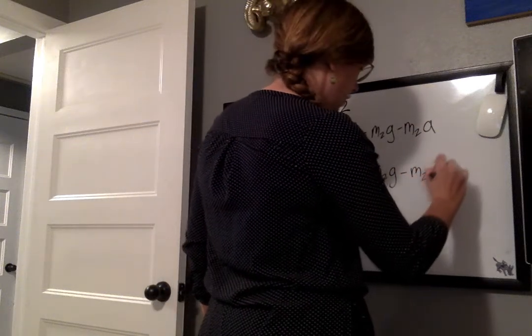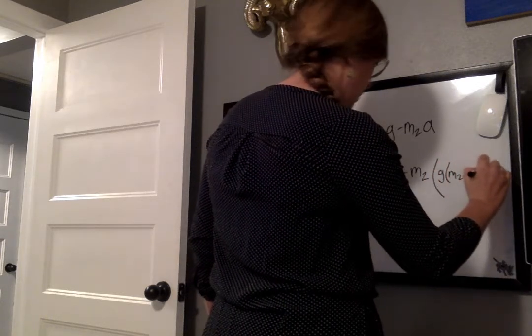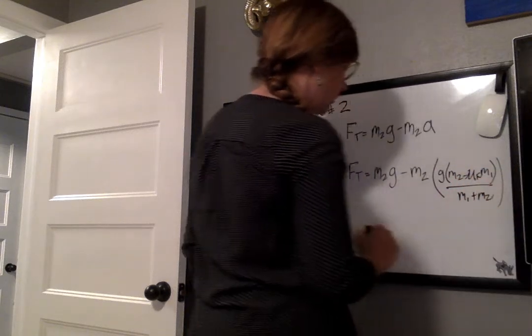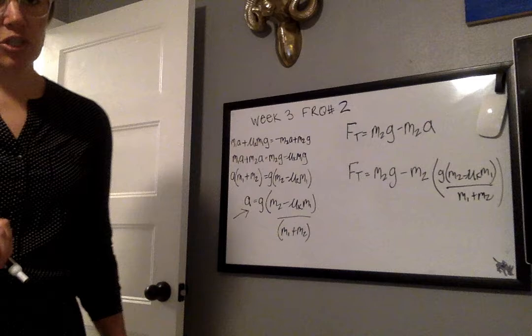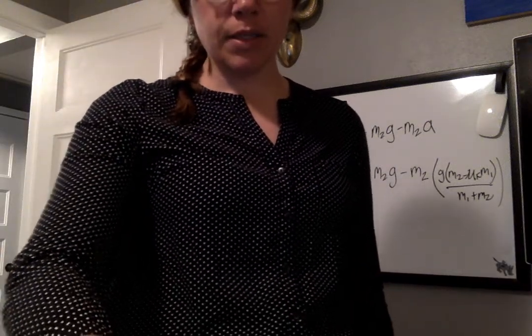So a is g (M2 minus...). Cool. There's your answer. Solve for the force of tension. Remember, you're not looking for any numbers. You just want it like that.